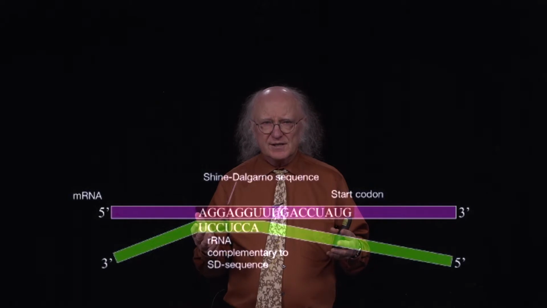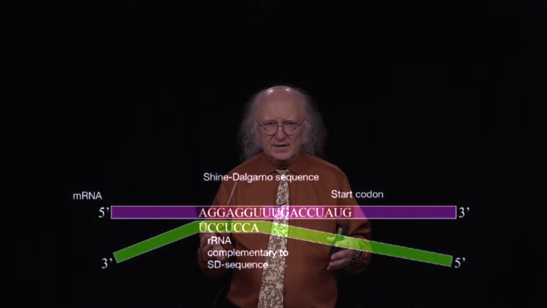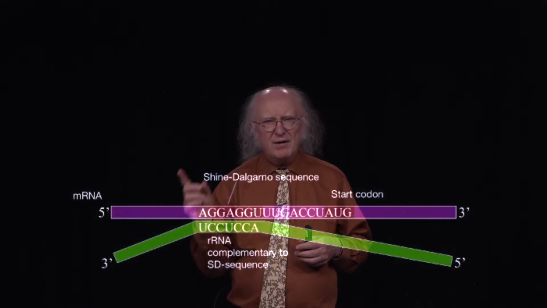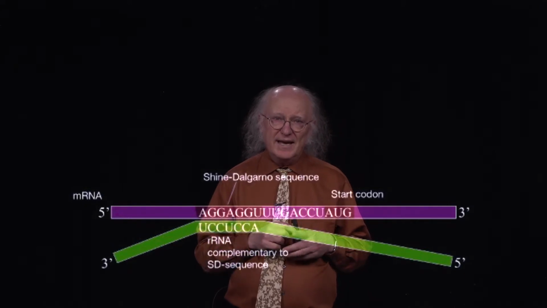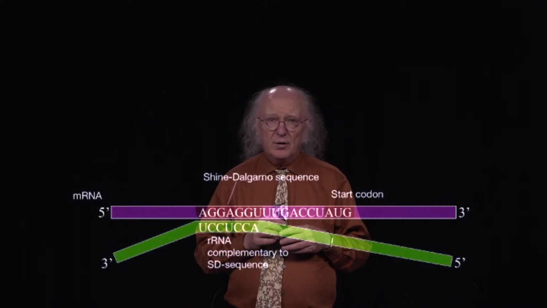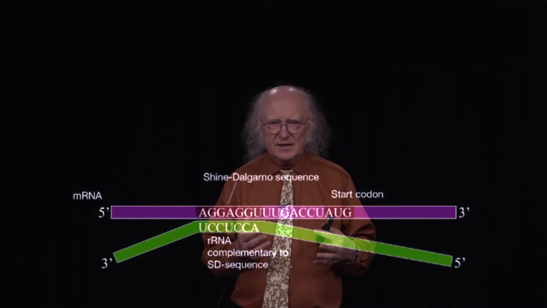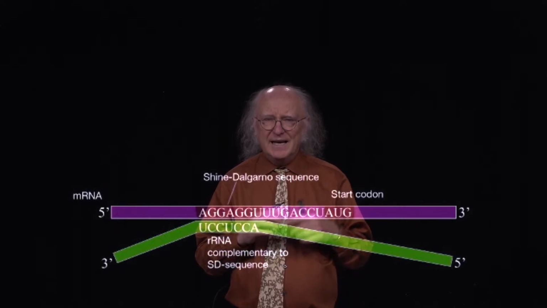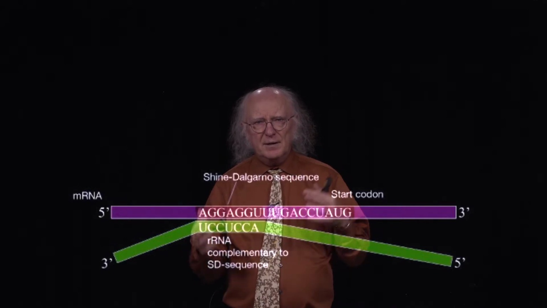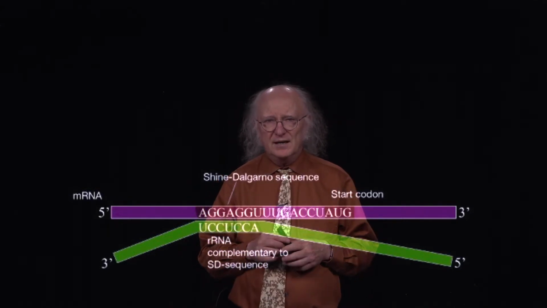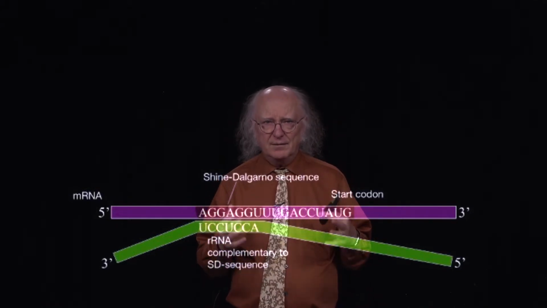One of those differences occurs with the very first amino acid that gets put into a prokaryotic protein. It turns out that the very first amino acid is methionine, but it's a chemically modified form known as formylated methionine.